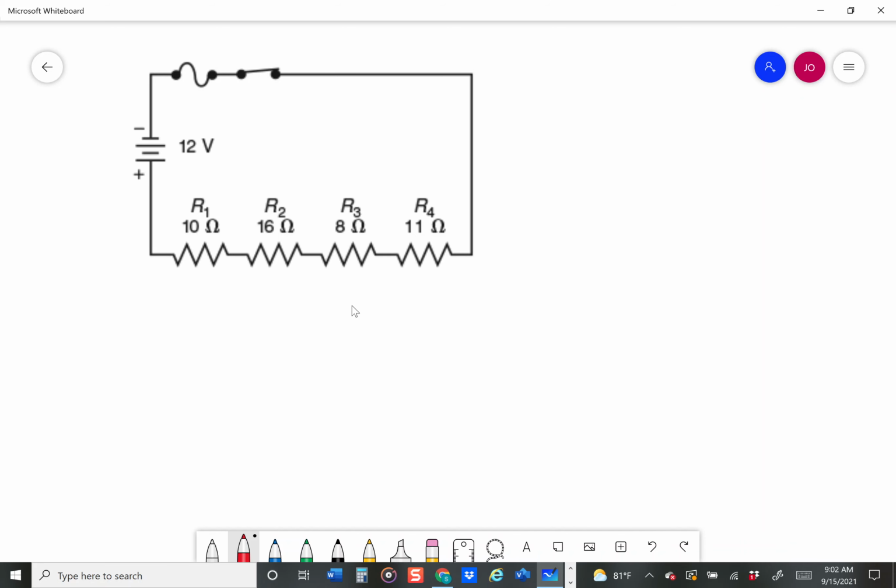So in series, if everybody remembers correctly, we had PIER. So hopefully everybody remembers the PIER system. And we had P in series, P total equals P1 plus P2 plus P3 and so on. E total equals E1 plus E2 plus E3 and so on.